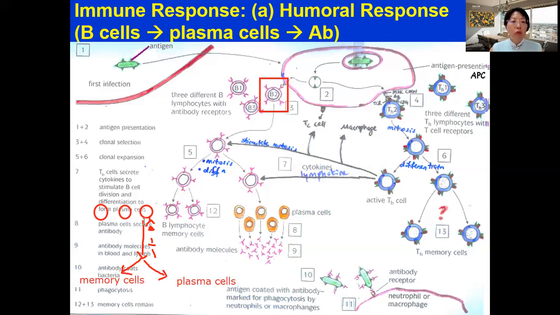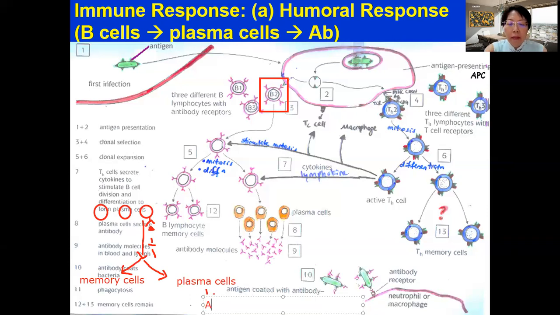So the difference between the action of memory cells and the rest of the B and T cells is that memory cells don't have to wait for the cytokine from the active T helper cell to divide. The moment it's exposed to the antigen, it can divide and differentiate immediately into plasma cells and memory cells, which means it will take a shorter time for us to detect antibody.